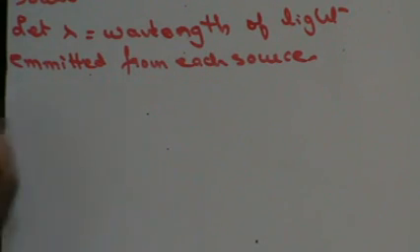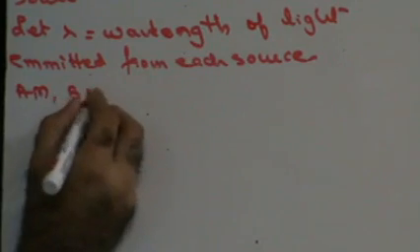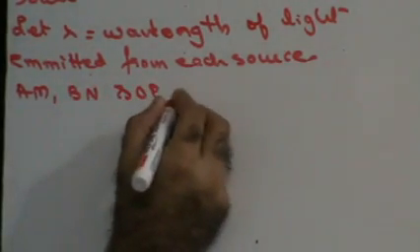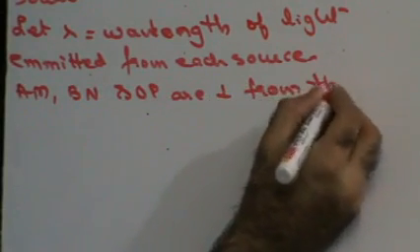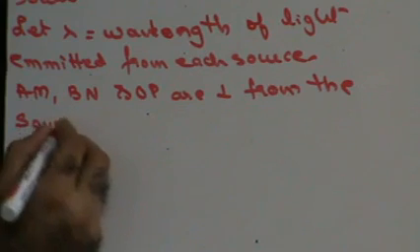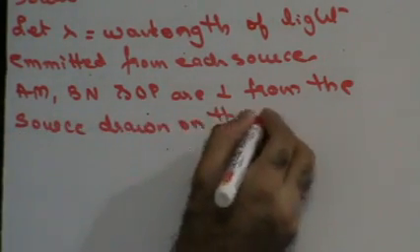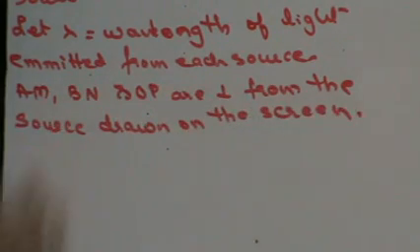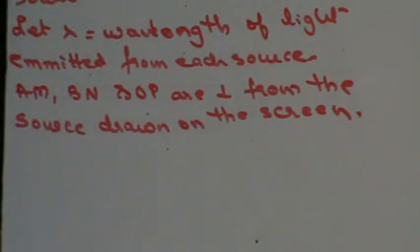So AM, BN and OP are perpendiculars from the source drawn on the screen. Fine. Now, the interference pattern that would be produced on the screen would consist of alternate bright and dark points. Now let us consider point Q on the screen at a distance of x from P.